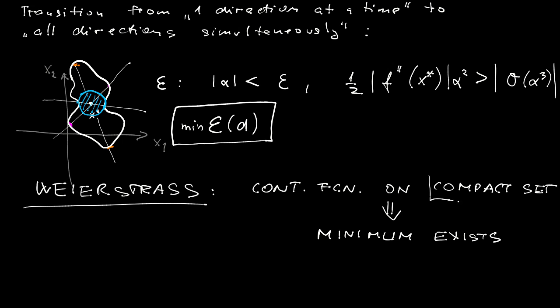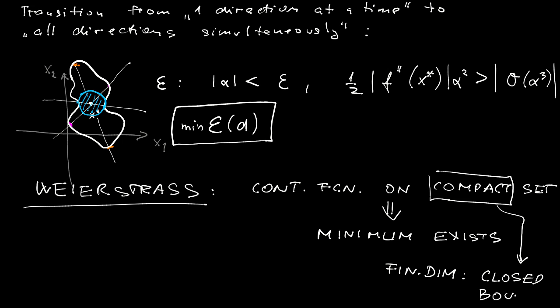Now, concerning compactness, this may look somewhat exotic to you, but let's just mention that for finite dimensional vector spaces, like these n-dimensional Euclidean spaces, this is equivalent to the set being closed and bounded.